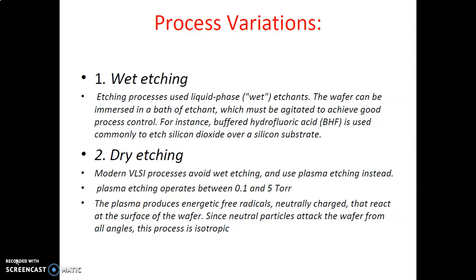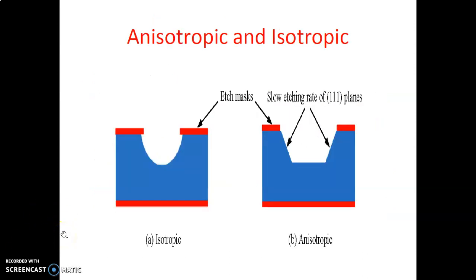In dry etching, we have two categories: the first is anisotropic and the second is isotropic. This is the mask; the red color indicates the mask, and the gap is allowed for the machining or chemical operation.